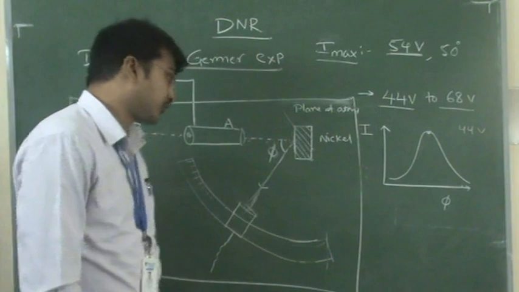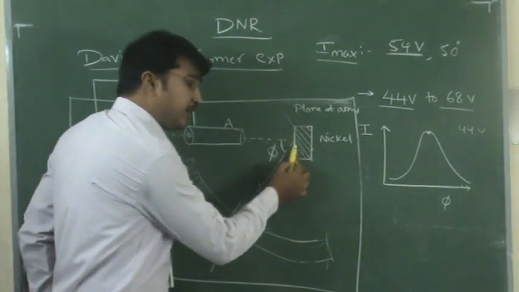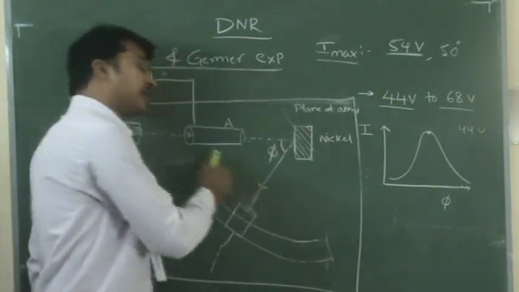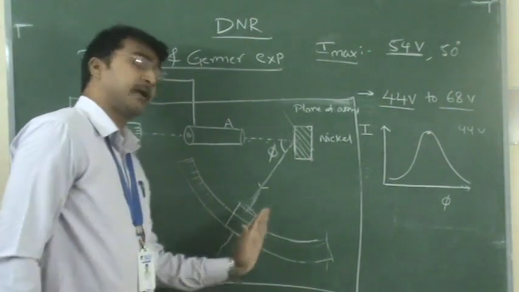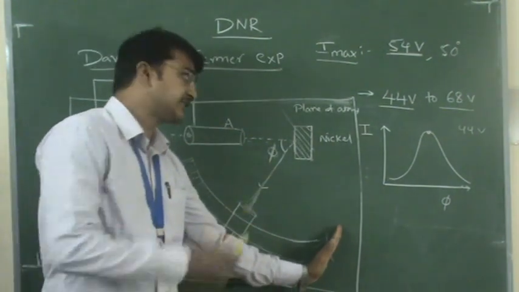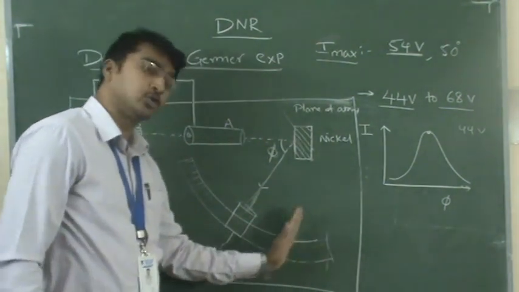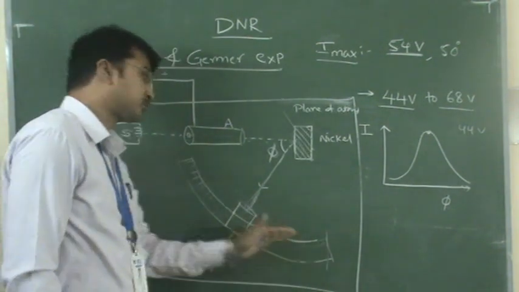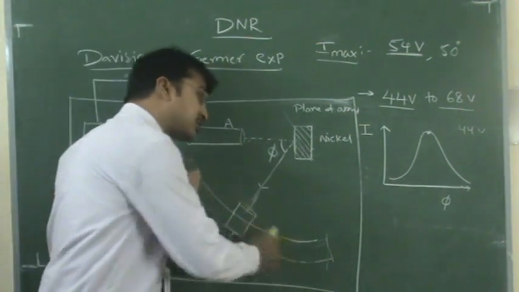So at 54 volts, the electron beam is scattered from 0 to 90 degrees. We are using the microscope: at 0 degrees we find the intensity, then 1 degree, 2 degrees, 3 degrees, and so on up to 90 degrees.